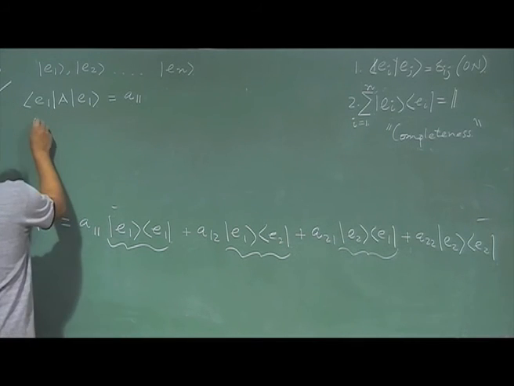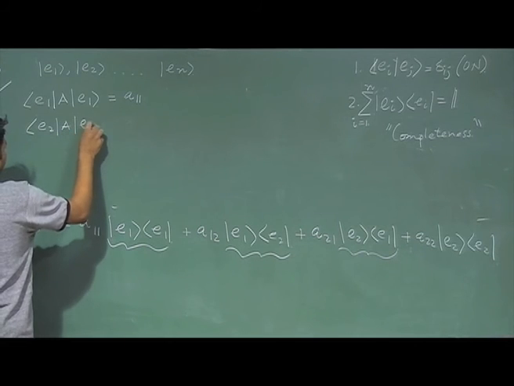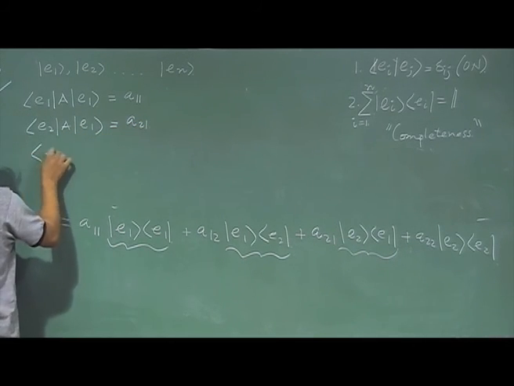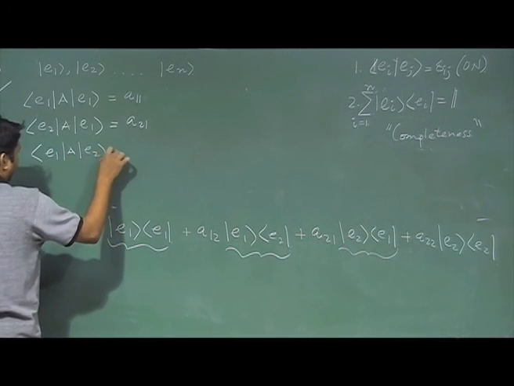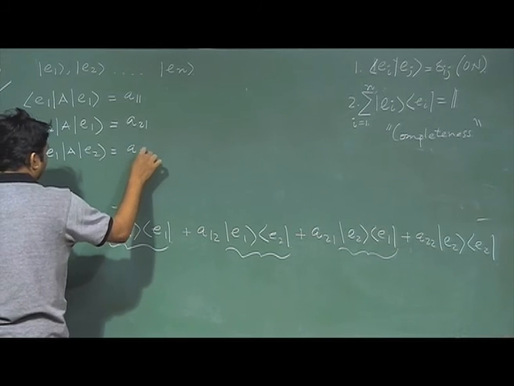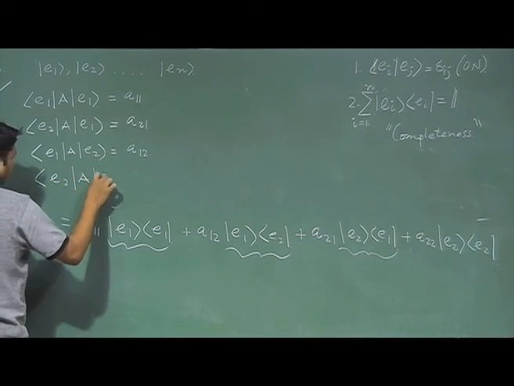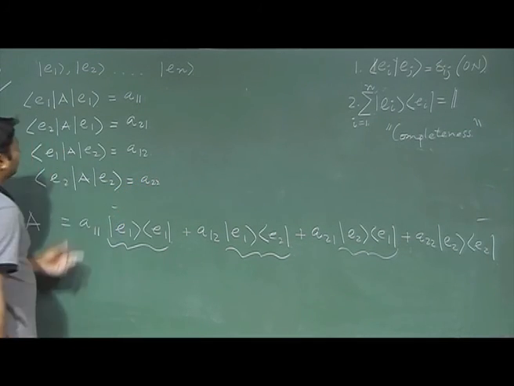So if I go with that, then I will find, with the same treatment I can find A21, with the same treatment I can find A12, with the same treatment I can find A22.